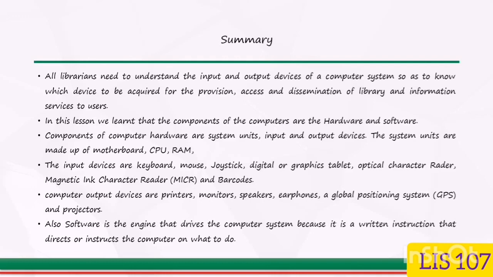We said the input devices are the keyboard, the mouse, the joystick, and others. We also said the computer output devices are printers, monitors, speakers, and so on. Finally, we said that the software is the engine that drives the computer system, and we need people to make all of these things work, to make our computer function properly.